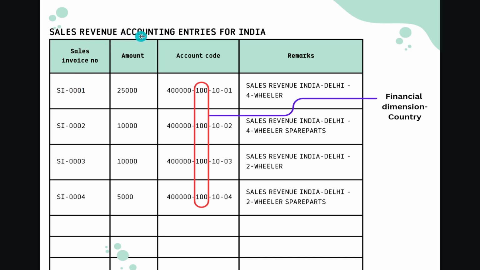It's the sales revenue accounting entry, and it has an invoice number, and the value of this invoice is $25,000. The account code is 4000 zeros, 100 is for country India, 10 is for Delhi business unit, and 01 is for four-wheeler sales.